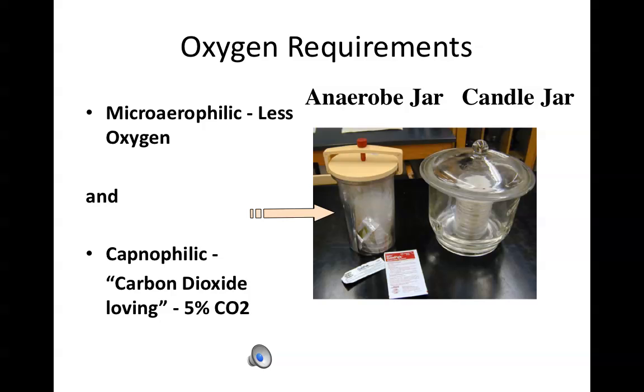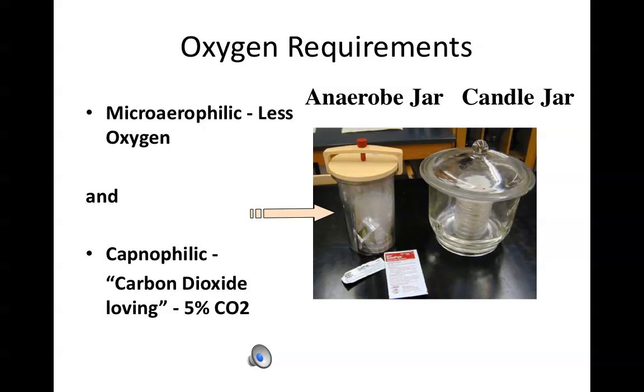That's illustrated on the right-hand side, and we can also use the device that's illustrated on the left-hand side of the photo, which can be used either as a candle jar or CO2 jar for a capnophilic or oxygen lower, CO2 higher environment. Or we can even use either device to create an anaerobic environment, or an anaerobe jar, in which we could grow an obligate anaerobe.